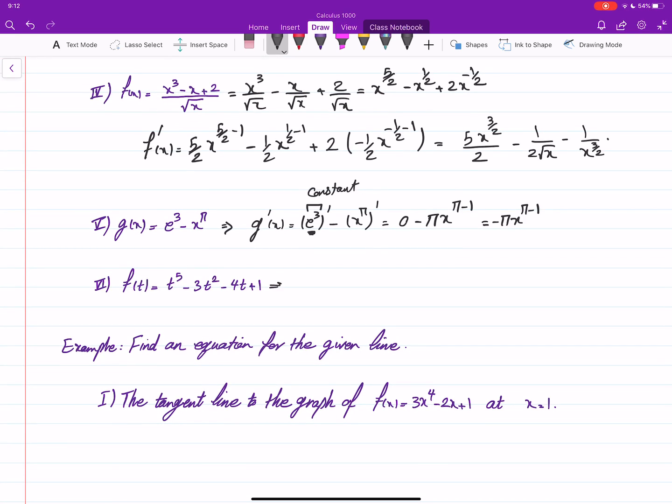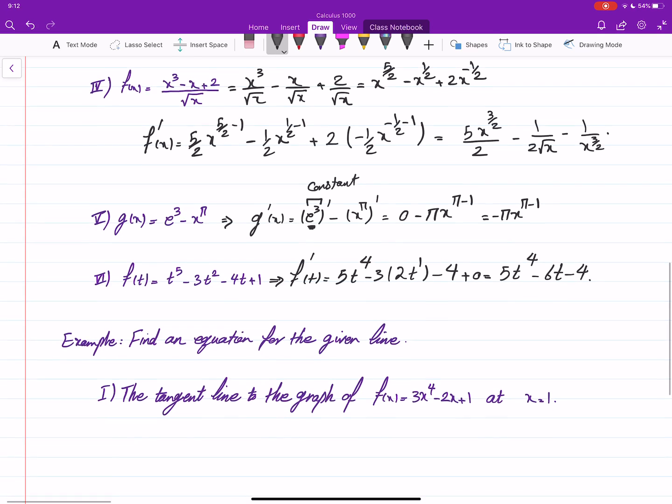And then the polynomial here, f prime of t, I'll do power rule first, then constant multiple, sum, then 2t to the power 1, minus 4, plus 0, and 5t to the 4 minus 6t minus 4.